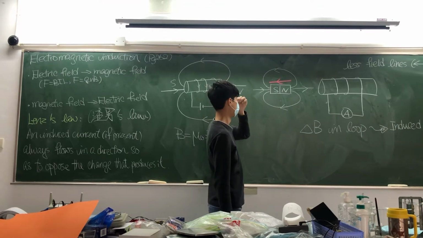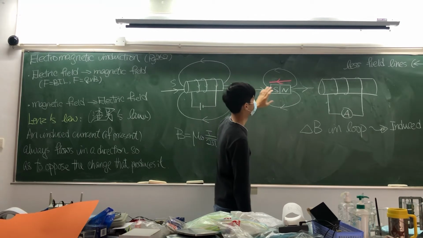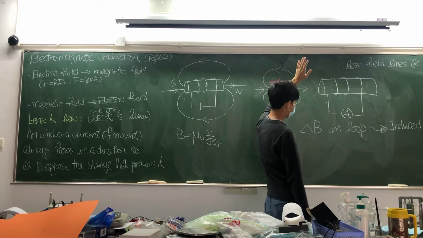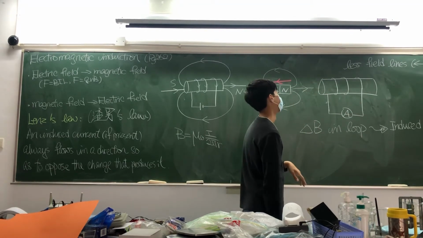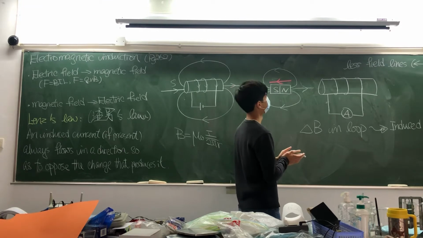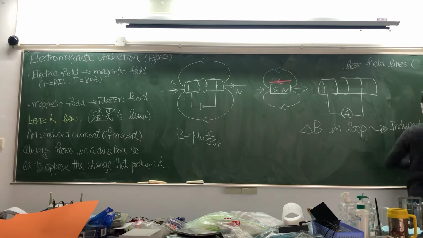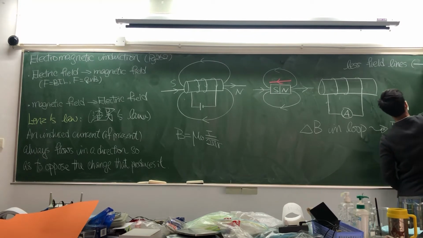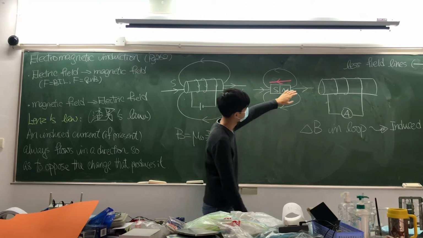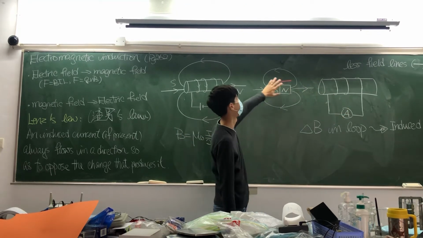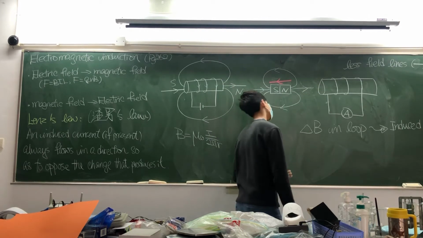So in this case, when you move this magnet toward the left hand side, the magnetic field strength, the field lines passing through this solenoid, will decrease, right? 好啦，而家問題啦，畫錯咗方向。Sorry. Okay, so the magnetic field from the north pole is pointing toward the right hand side. So if you move it leftward, then the magnetic field strength will decrease.